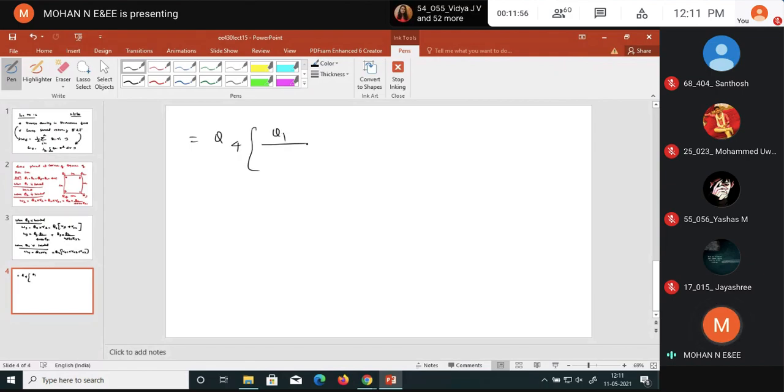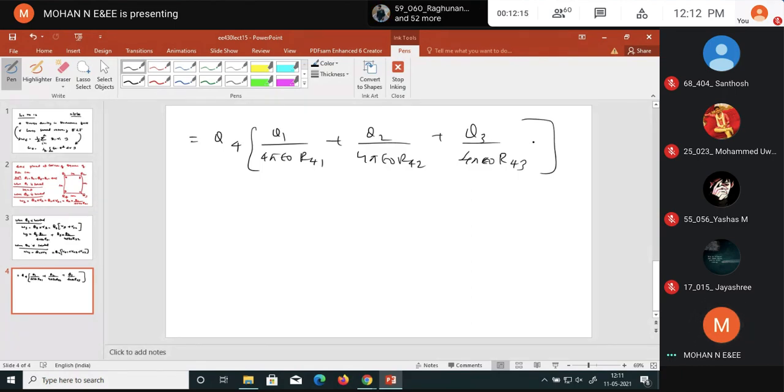It is Q4 into Q1 by 4 pi epsilon naught R41 plus Q2 by 4 pi epsilon naught R42 and Q3 by 4 pi epsilon naught R43. So we have to solve for this W4.